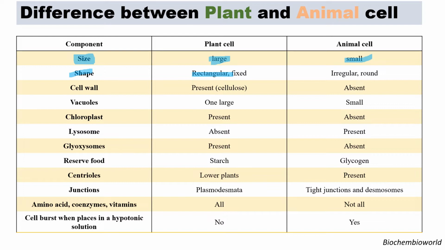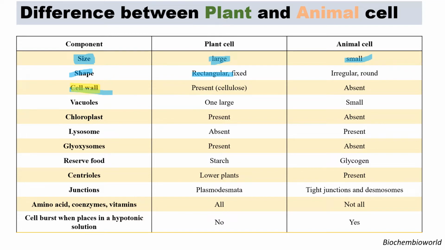Okay, and the next point is cell wall. The plant cell usually has a cell wall plus plasma membrane, whereas in case of an animal cell, it is usually only plasma membrane. Cell wall is absent in animal cells. Okay, next comes the vacuoles.